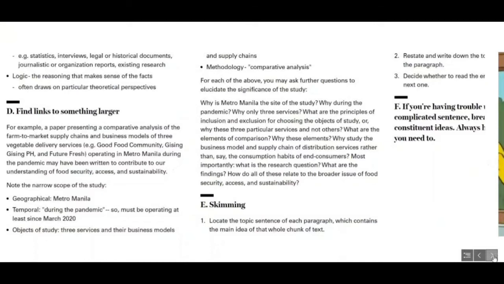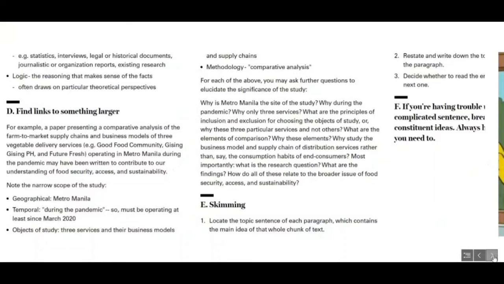As you know, a paragraph is organized around a central idea, usually expressed in the topic sentence. So whenever you come upon a new paragraph, the quickest way to figure out what that entire paragraph is about is to locate the topic sentence.